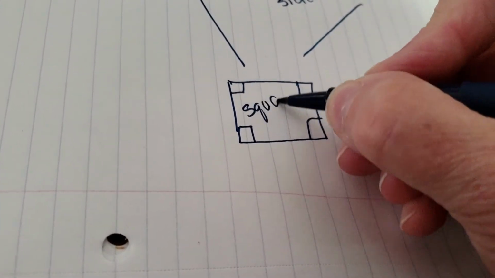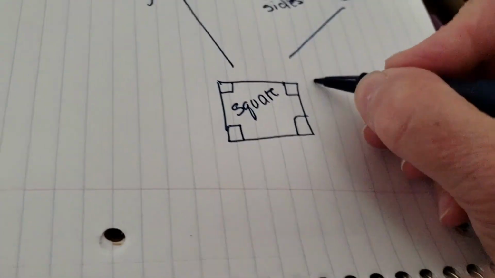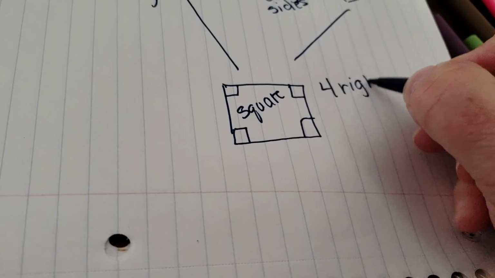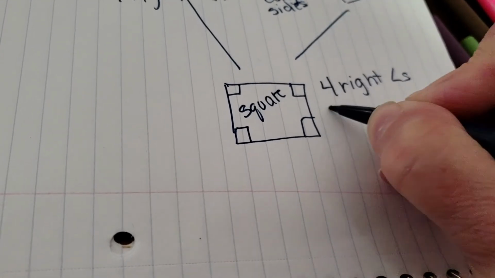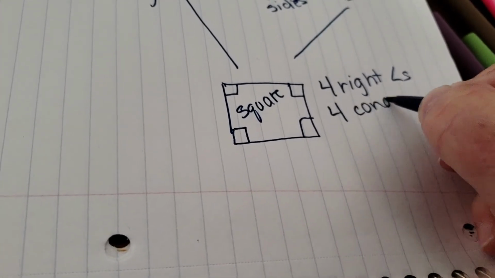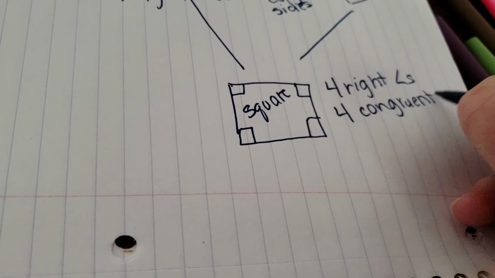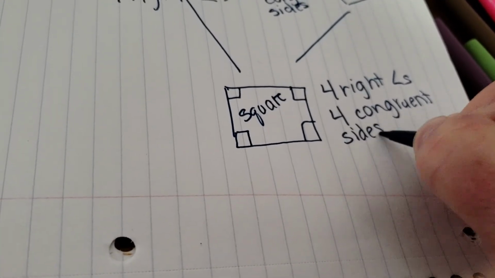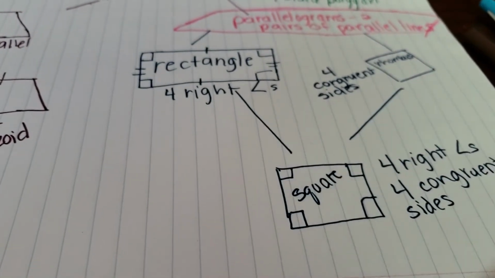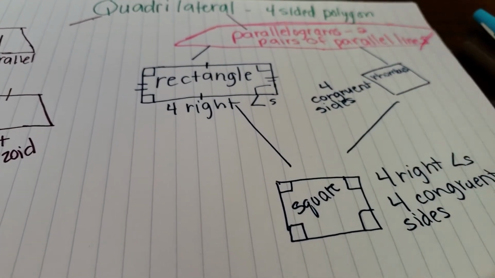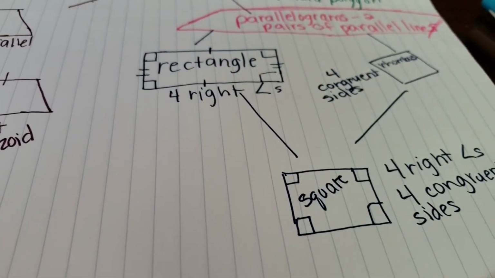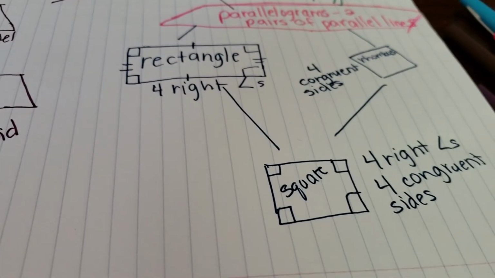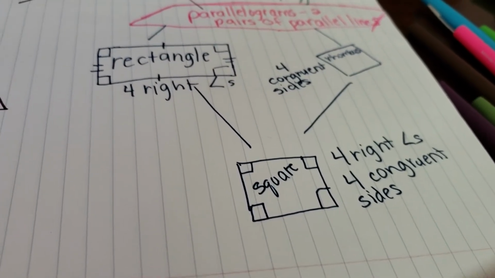A square has four right angles, and it also has four congruent sides. Okay, so because of that, a square is both a rectangle and a rhombus because it has four right angles like a rectangle, and it has four congruent sides like a rhombus.